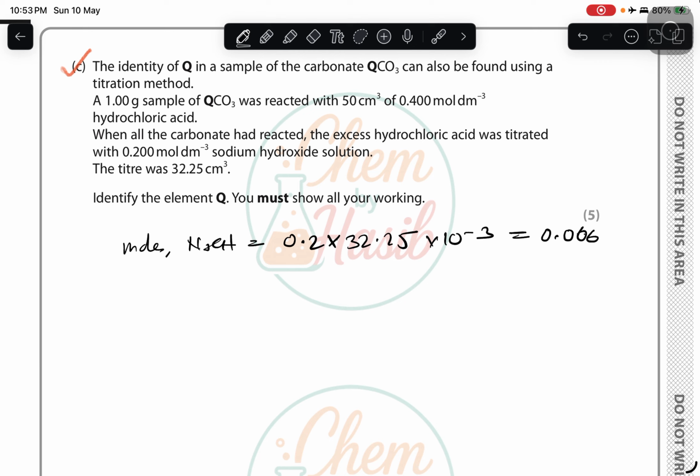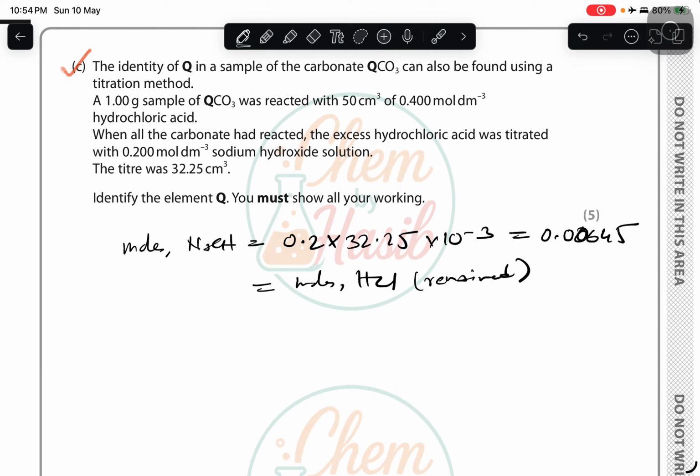This is the moles of sodium hydroxide. This is equal to the moles of hydrochloric acid that remained, because the moles of hydrochloric acid that remained was titrated with sodium hydroxide, right?